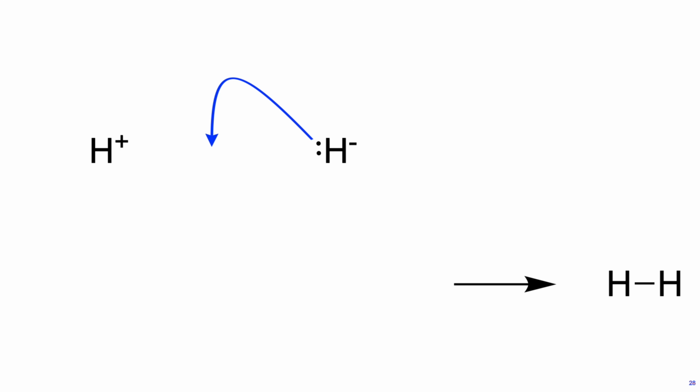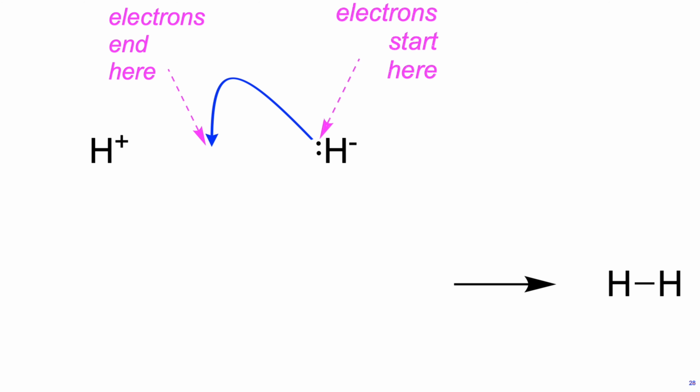Good. Will we use a fishhook? No, because there are two electrons. Two electrons gets us a whole arrow, not just a little piece. So we draw it like this, where the end of the arrow means that's where the electrons go. You always put your pen or pencil on the electrons and you push. You don't sort of suck them.